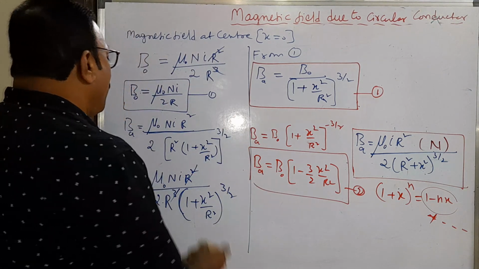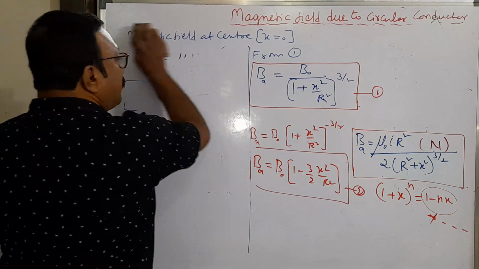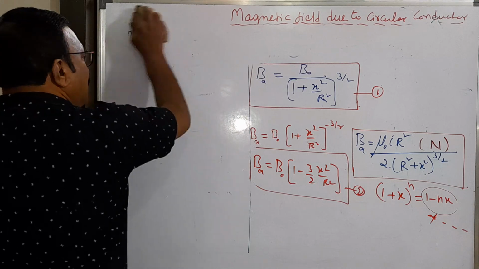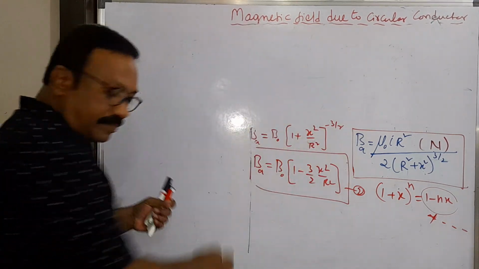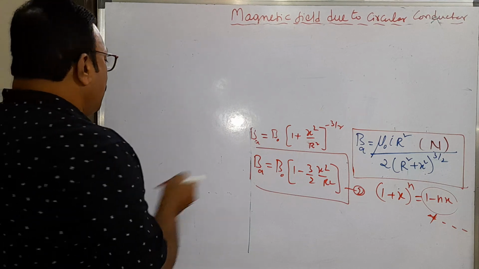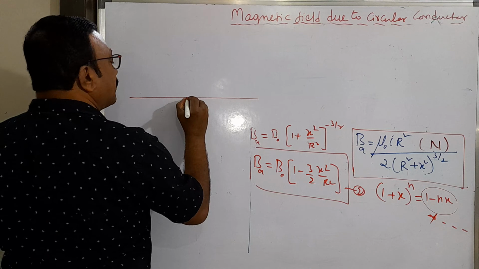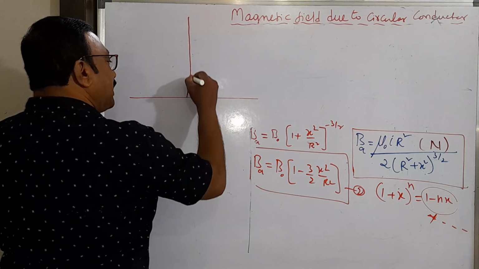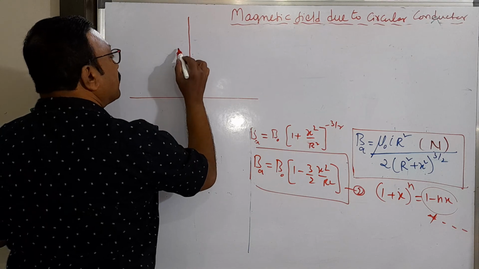Now one more last point is the graph. The magnetic field versus distance graph. So distance is taken on the x-axis, the magnetic field taken on the y-axis.